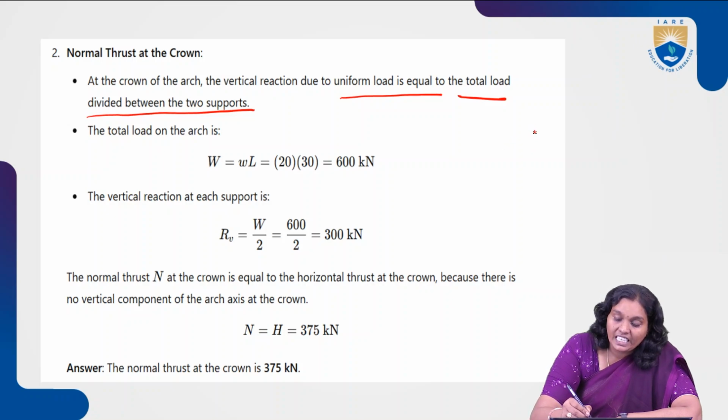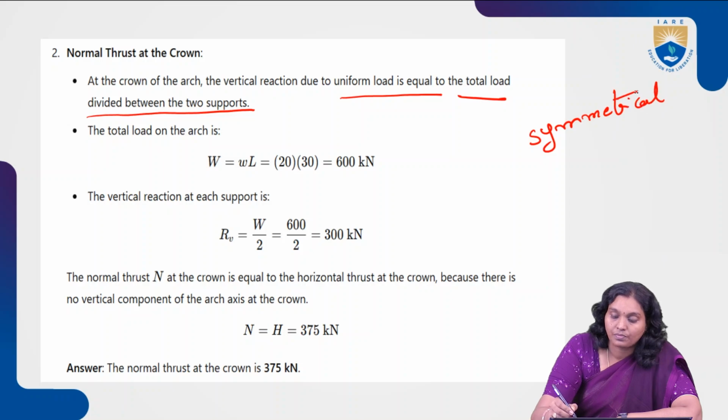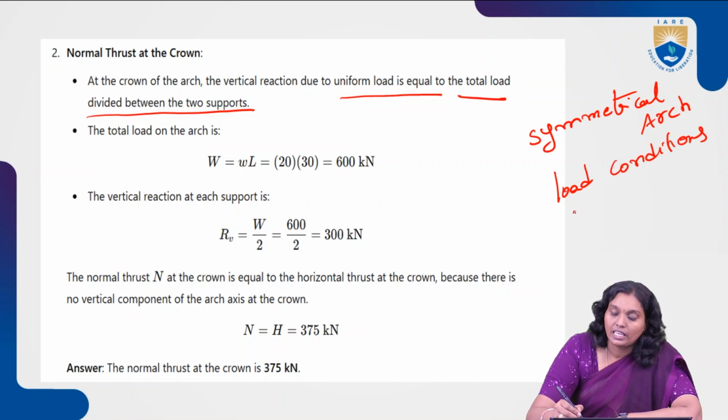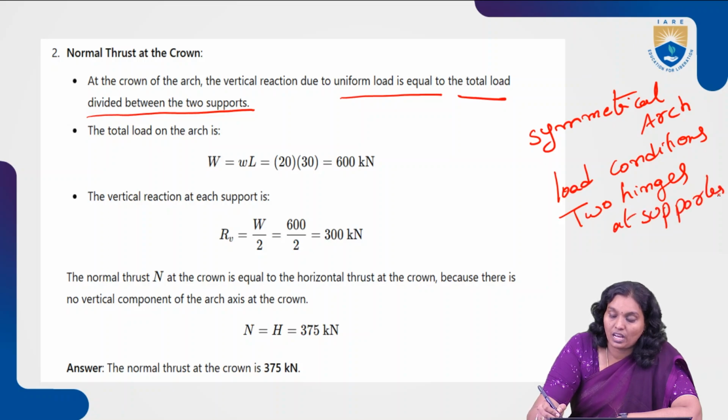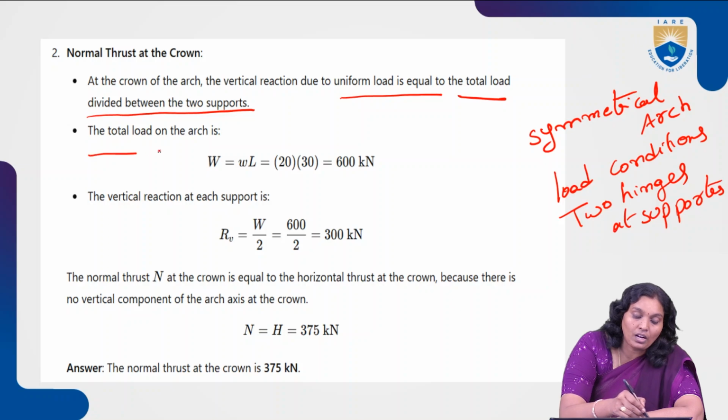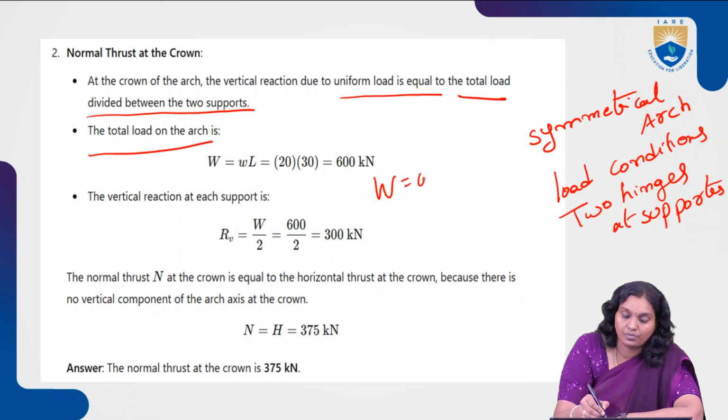Because it is a symmetrical arch, the load conditions are the same throughout the arch, and we have two hinges only at the supports. So the total load is 20 multiplied by 30, which is 600 kilonewton.